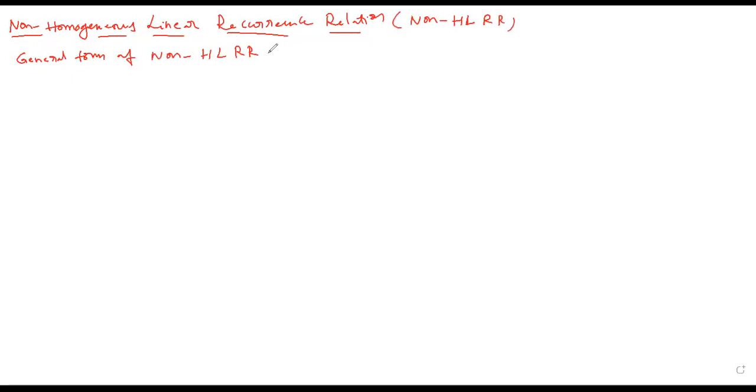What is the general form of the non-homogeneous recurrence relation? Suppose, for example, if you write a recurrence relation such that a_n plus... the previous class I already told you. Can anyone tell me what is the general form of the recurrence relation?